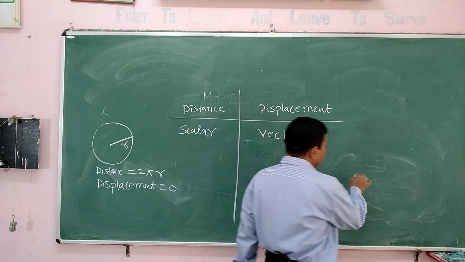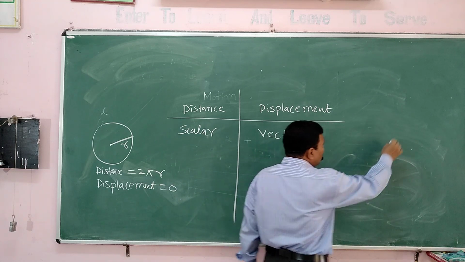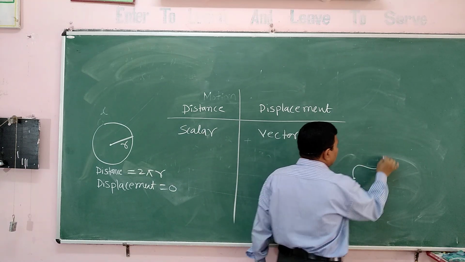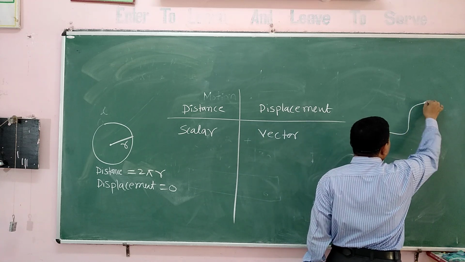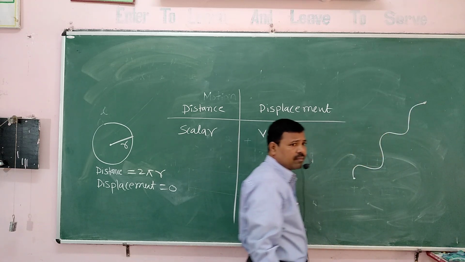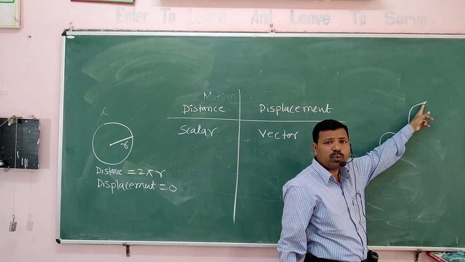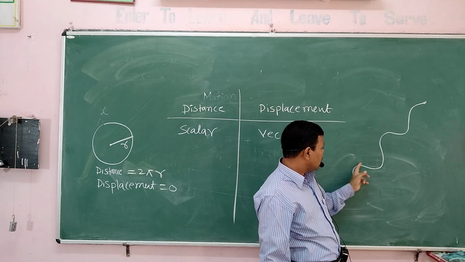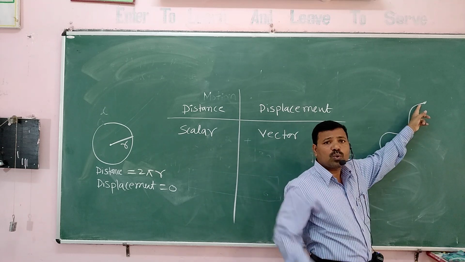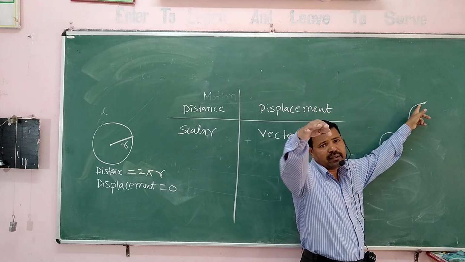Say for example, there is a road to the top of the mountain. Here is the mountain. This is the bottom point. This is the top point of the mountain. This is the road it takes to the top of the mountain where there is a temple.